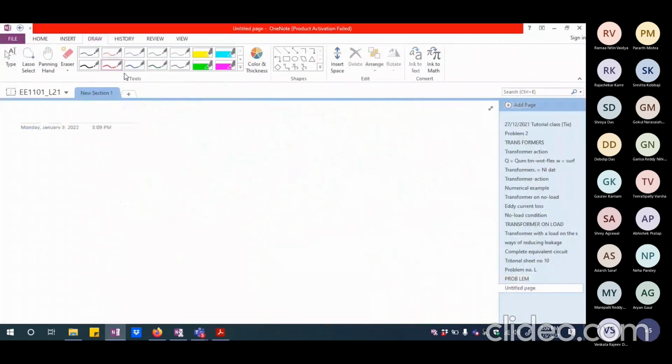So in this particular case, the flux is given to be greater than 0.06 Weber, slightly higher than 0.06 Weber. That is what is given.